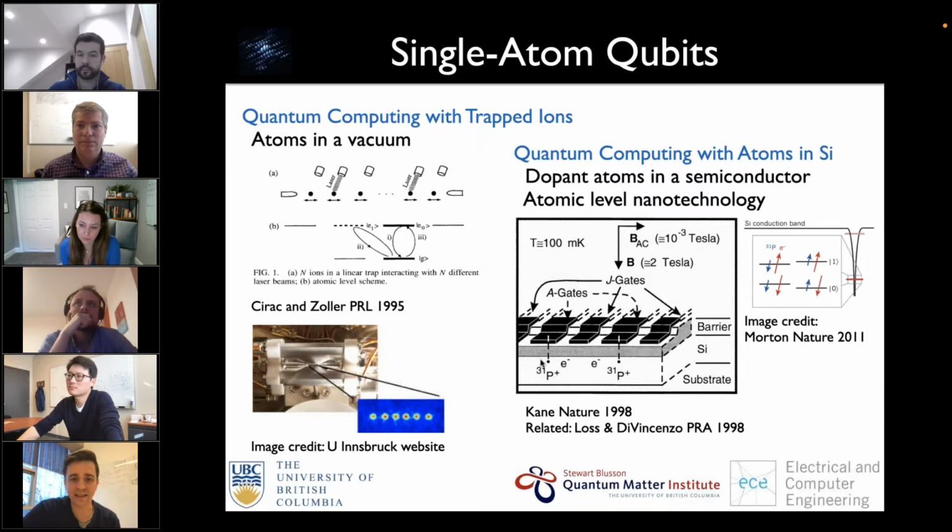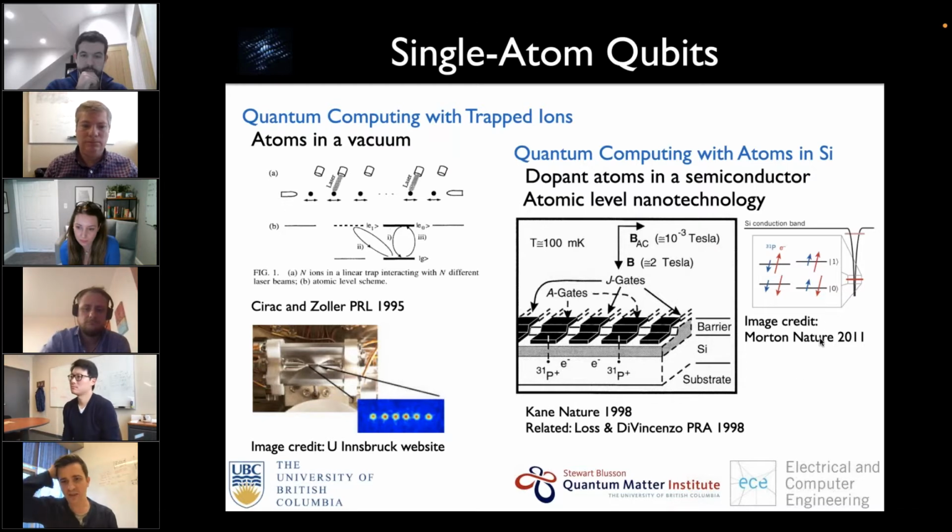And these electrodes would allow us to control the electrons and nuclear spins on those individual atoms. This was a proposal for an atomic-level nanotechnology from 1998. When this was proposed, we didn't really have any way to actually do this, and that was certainly a valid criticism of this proposal.